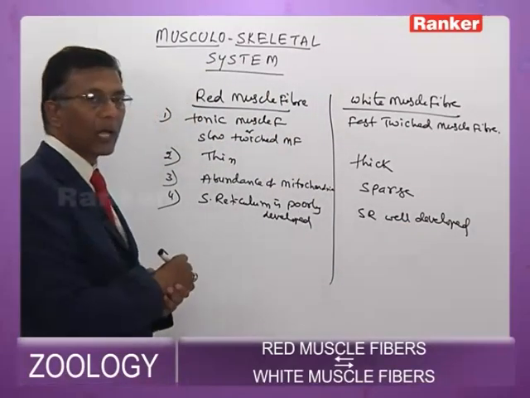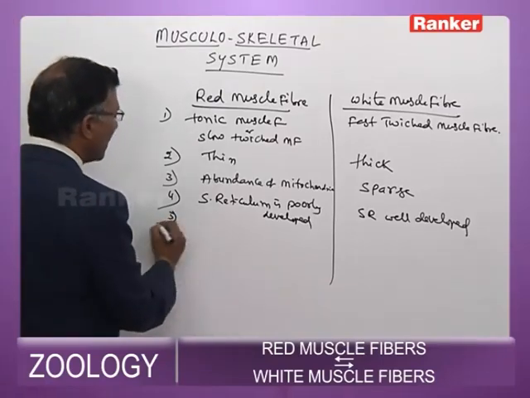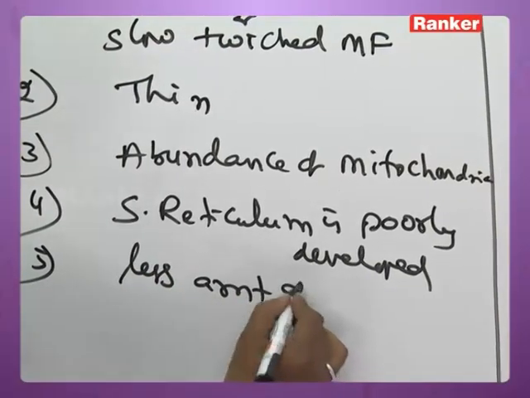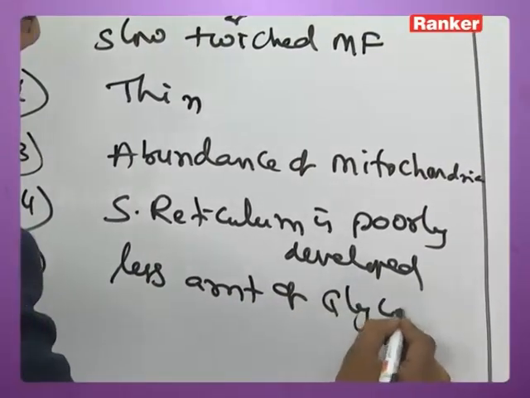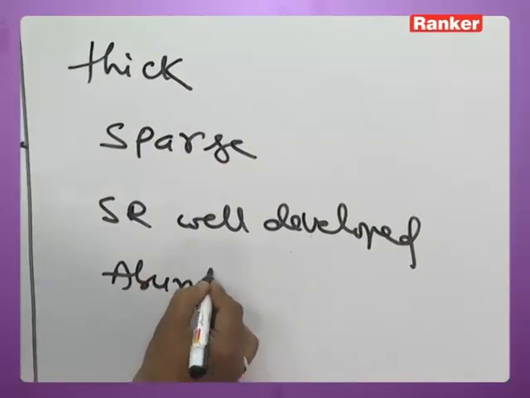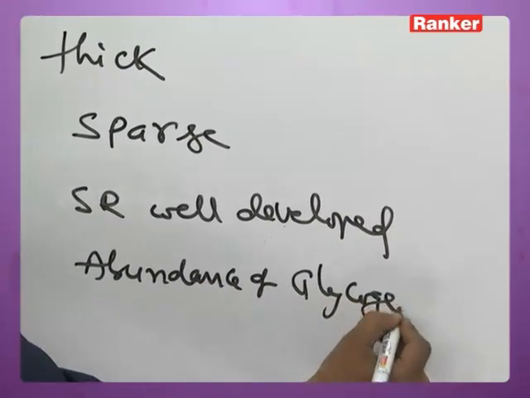Then red muscle fibers have a lesser amount of glycogen, whereas white muscle fibers have an abundant amount of glycogen.